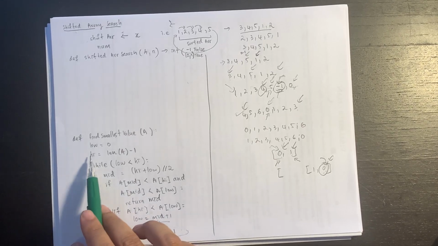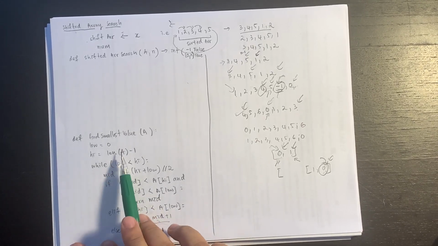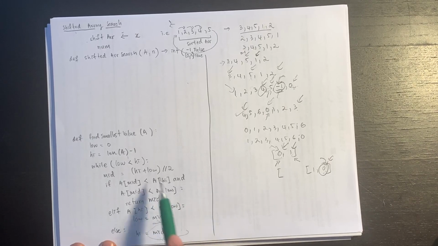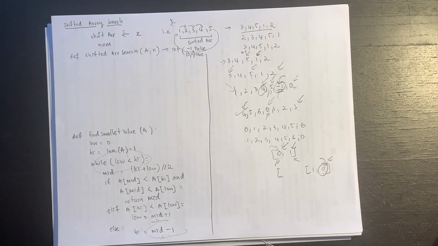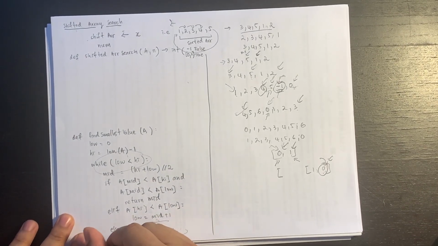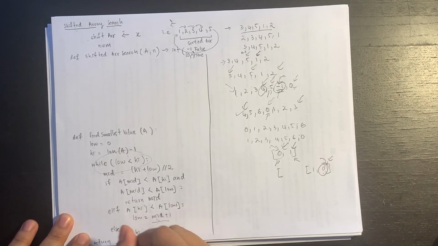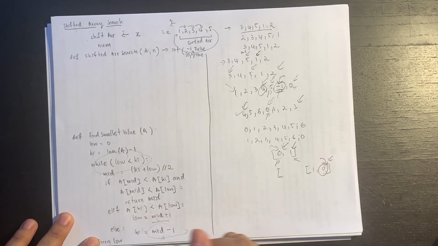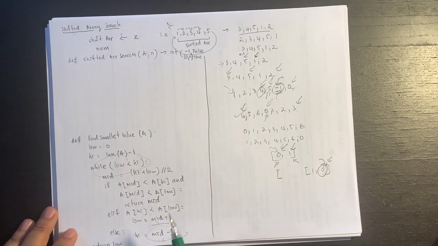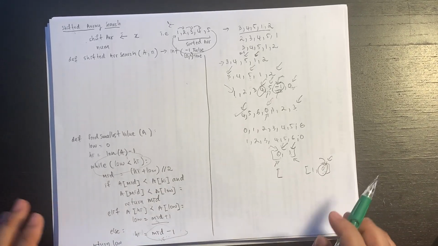No, because our high has to be less than n, so this will cut. And then we just return either low or high, because after this it means that low and high are equal to each other.